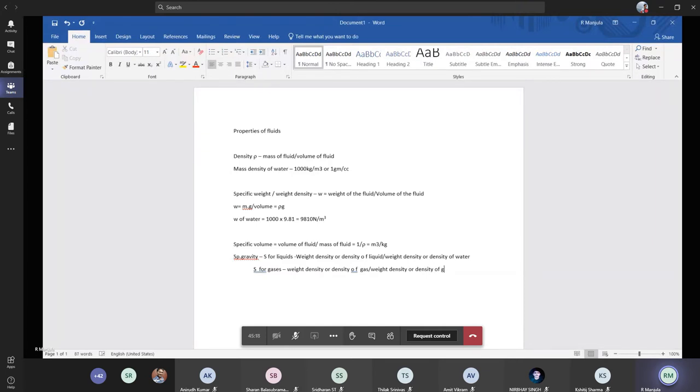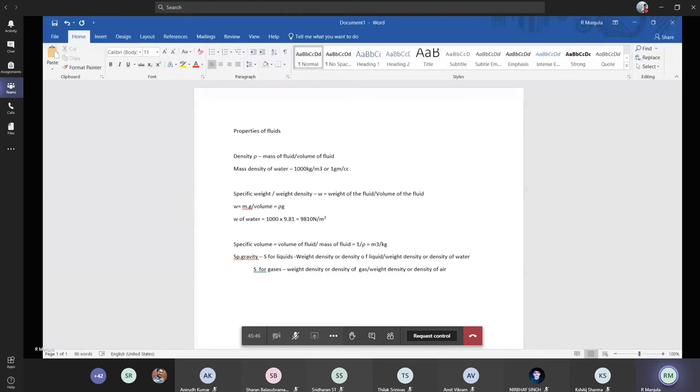For liquids, it is weight density or density of the liquid divided by the same thing for the standard fluid, which is water. Similarly, for a gas, it is the weight density or density of the gas divided by the weight density or density of air. So specific gravity can be of two types: for liquids or for gases.